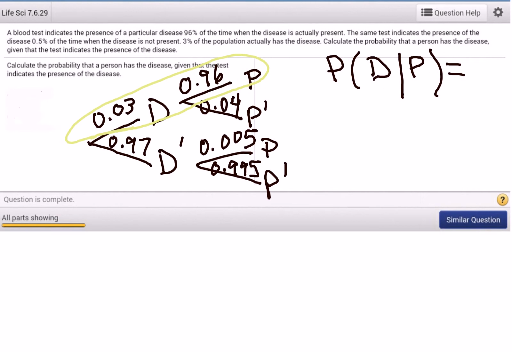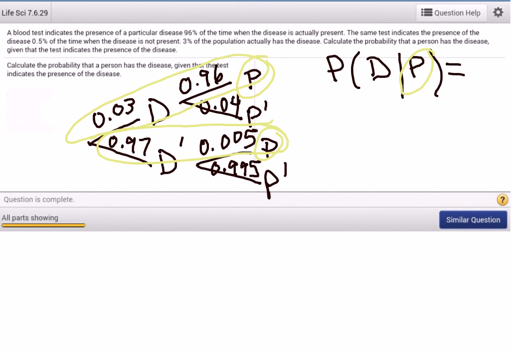Given that the test says it's present, we need to look at this branch and this branch. If we had a third branch coming out, you would have to look at all the ones where the test indicates that the disease is present. So I'm only looking at these two branches.